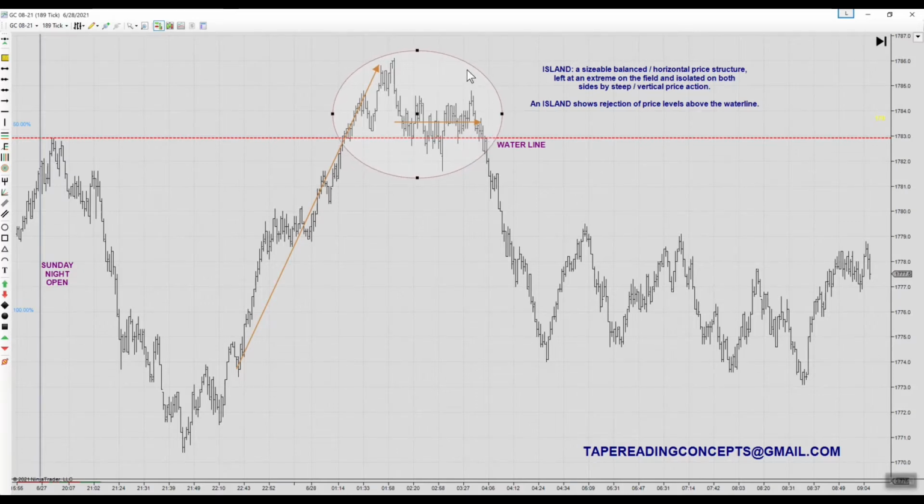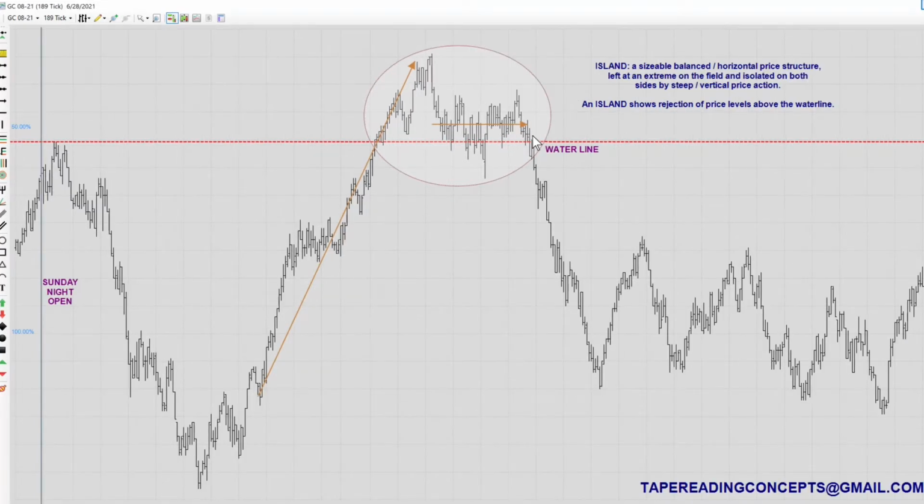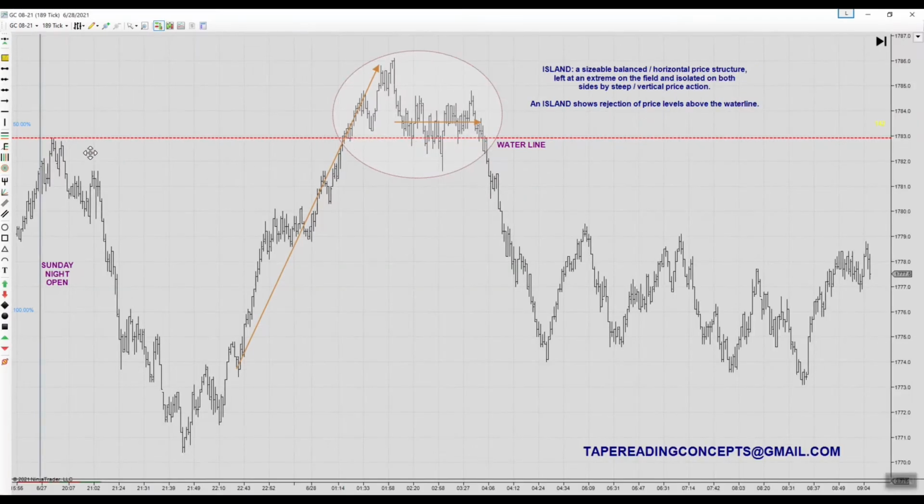This price structure overall is sizable at this point, and we can roughly define the waterline as the bottom of this horizontal balance point. In this particular example, the waterline roughly coincides with the Sunday night high, but that doesn't necessarily have to be the case. The waterline doesn't have to be a reference point already established to the left. The waterline is in general the bottom or top.